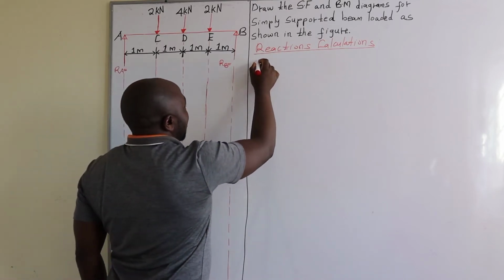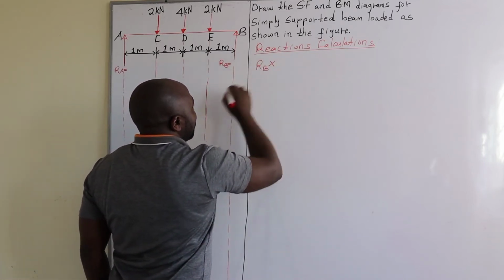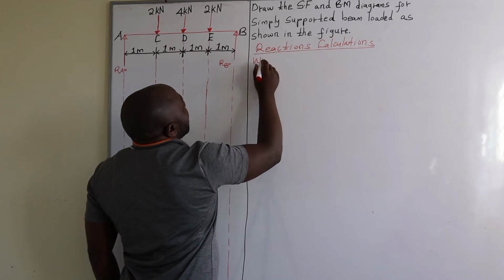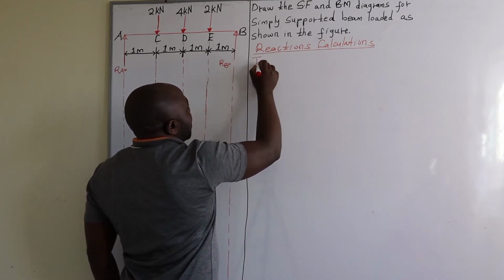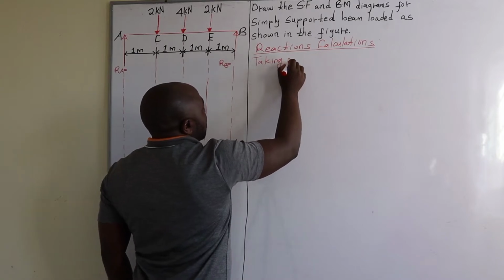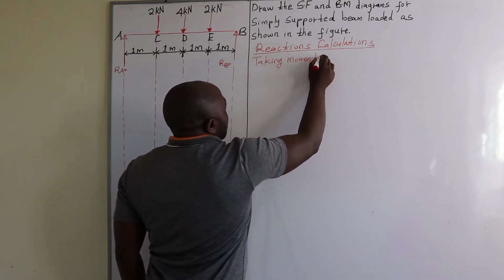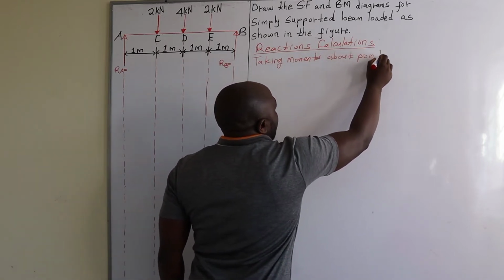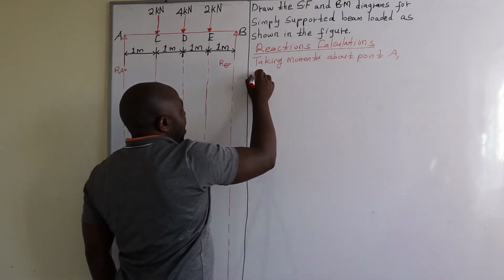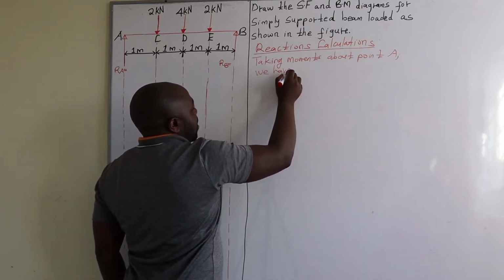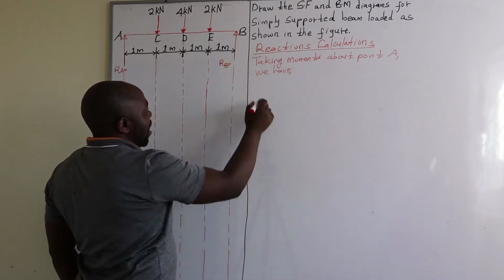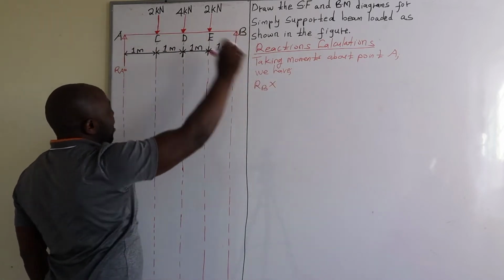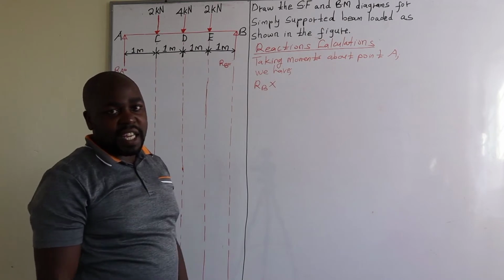So we are going to take moments about point A, and we are going to have the following reaction calculations. So we are going to have reaction at B times the distance from B all the way to A, since at point A, that's where we are taking our moments.